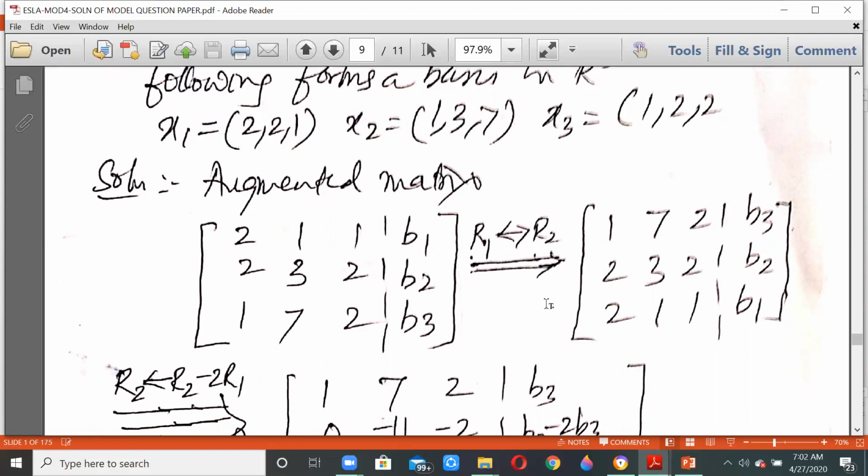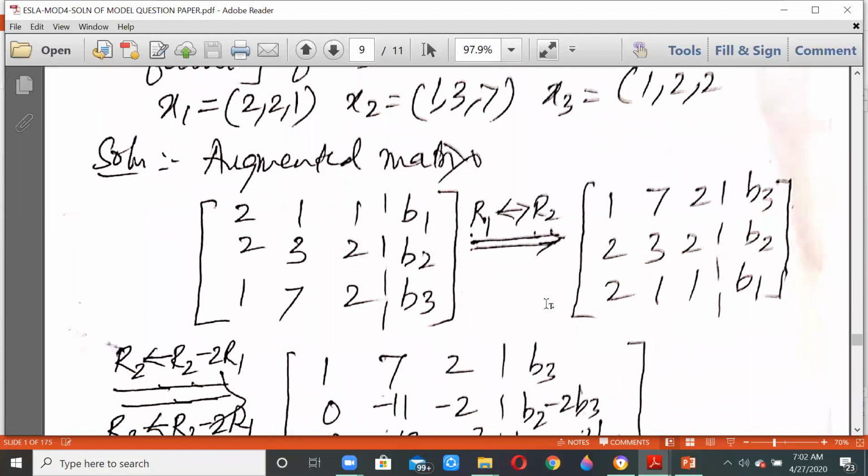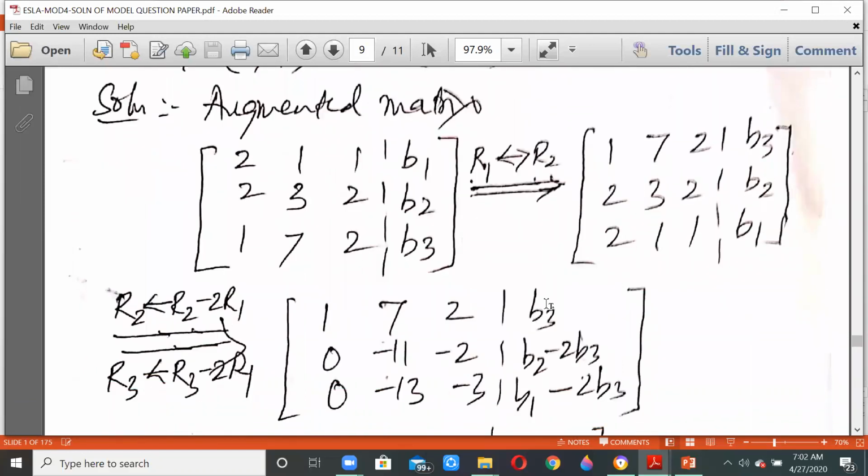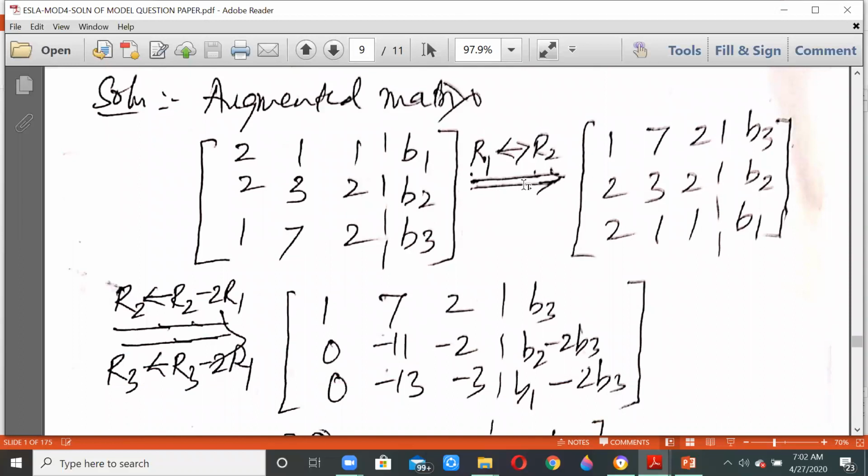Then you need to do Gauss elimination or LU decomposition. So exchanging R1 with R3, not R2, R1 with R3, we'll get this. So this and this are exchanged.